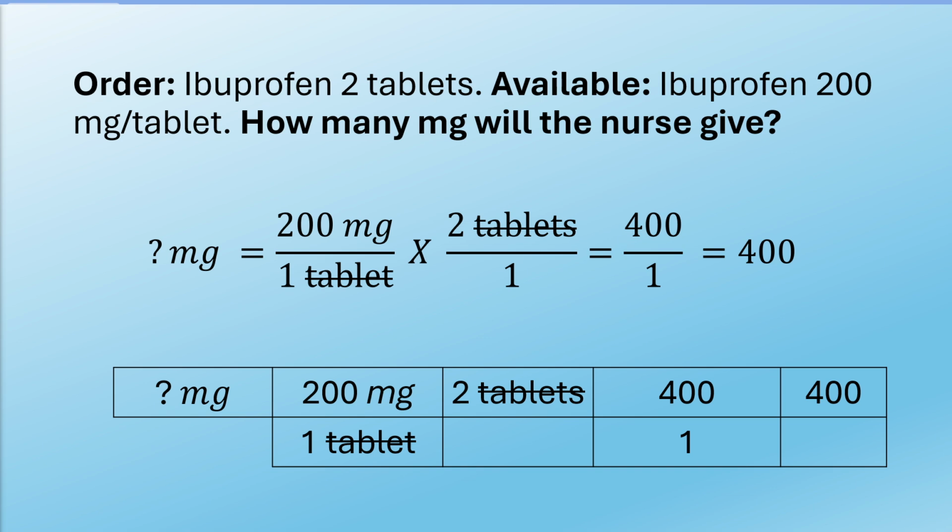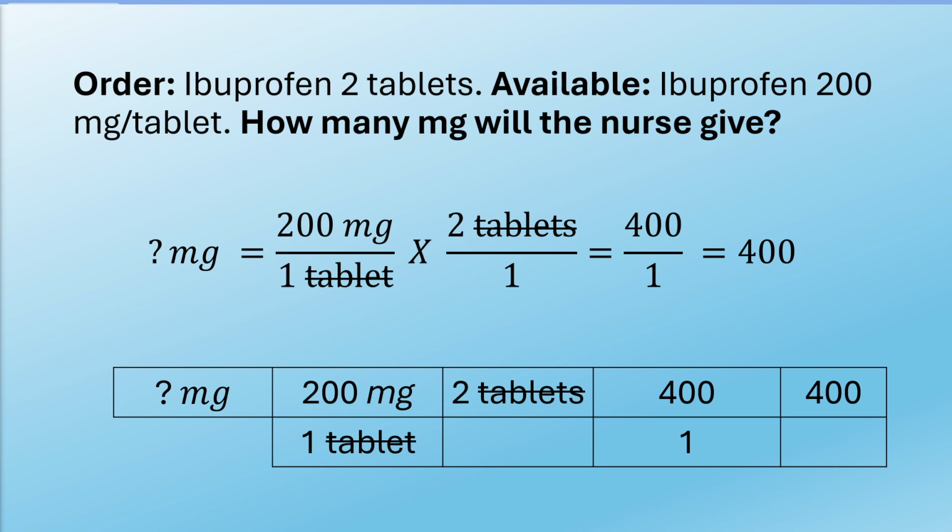And then we're going to add the order, which is 2 tablets. Again, that keeps our milligrams on top and allows us to cancel out tablets as a label. We're going to take the numbers across, and so in this case we end up with 400 over 1, and we divide, so that's how many milligrams we're going to be giving: 400 milligrams.